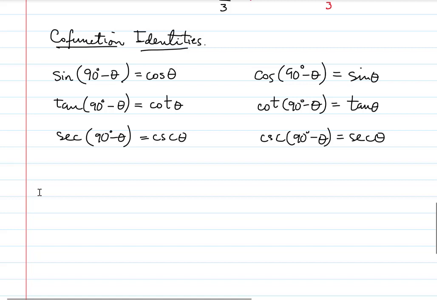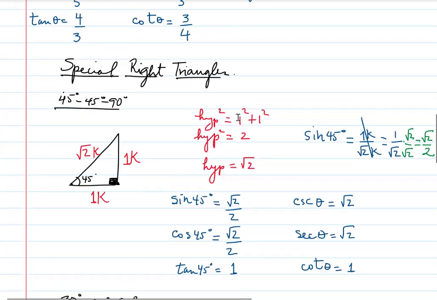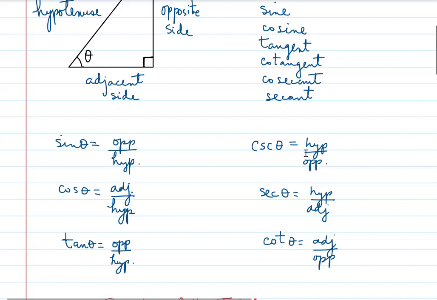Okay, so there are other identities that emerge from our basic definition here. So for instance, reciprocal identities. Okay, so there we have them. These are pretty straightforward, guys. From the beginning of our definition, we wrote them in this way so that you will see sine is reciprocal of cosecant, because their ratios just are reciprocal of each other.